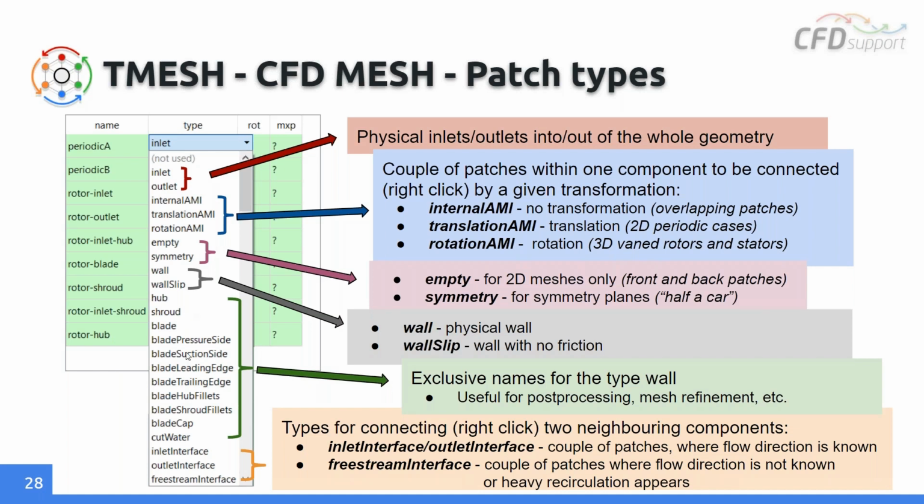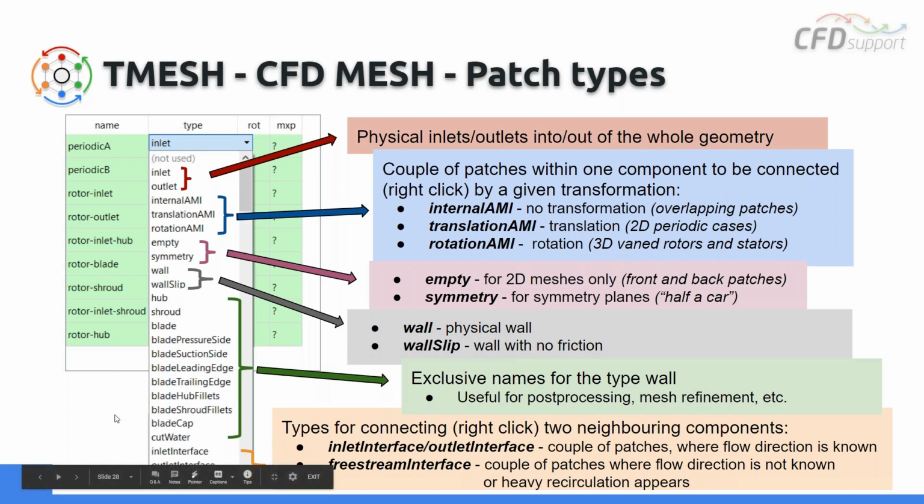Then we have a special type for the turbo machinery cases, which is pretty straightforward. There are exclusive names for the type of wall: for turbo machinery purposes, shroud, blade suction, and blade pressure sides, which help us refer to these parts, for example, in the post-processing setup or in the names of the patches for post-processing tools.